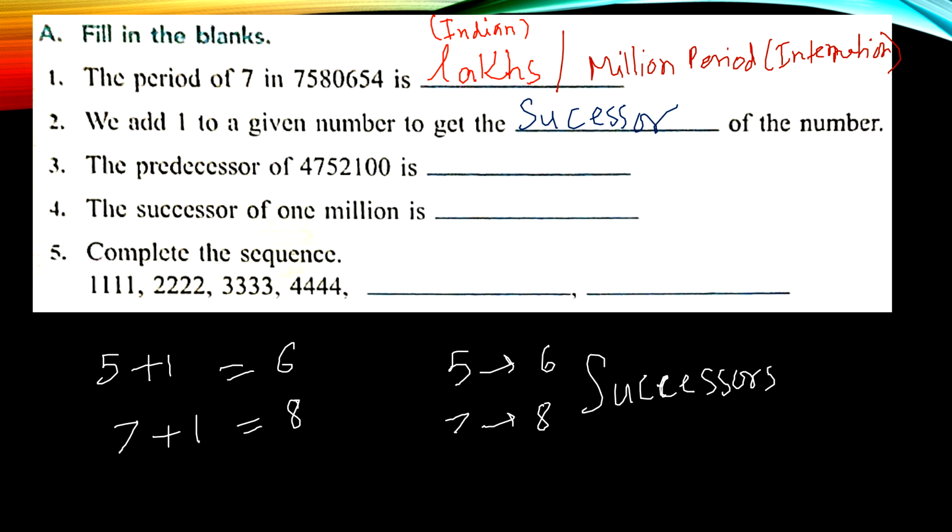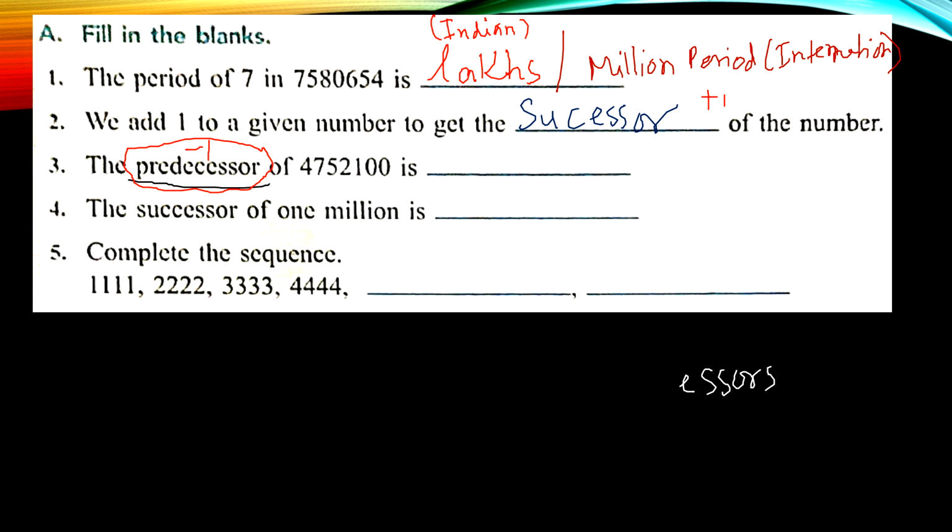Successor is the word we use when we get the immediate next number. In the next question, they are asking about the predecessor. Predecessor is the number where we subtract 1. Successor is when we are adding 1, predecessor is when we are subtracting 1. The question is direct: what is the predecessor of this number?